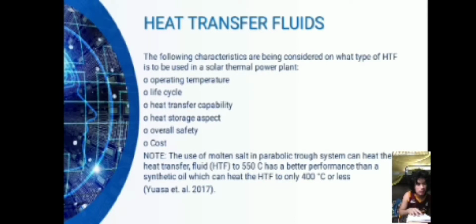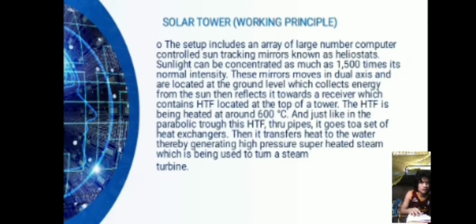So, solar tower. Sabi ko nga kanina, pare-parehas lang yung solar thermal power plant. Ang pinagkakaiba lang nila is yung setup ng pagkuha ng energy from the sun. The setup in this solar tower is meron siyang maraming mirror.